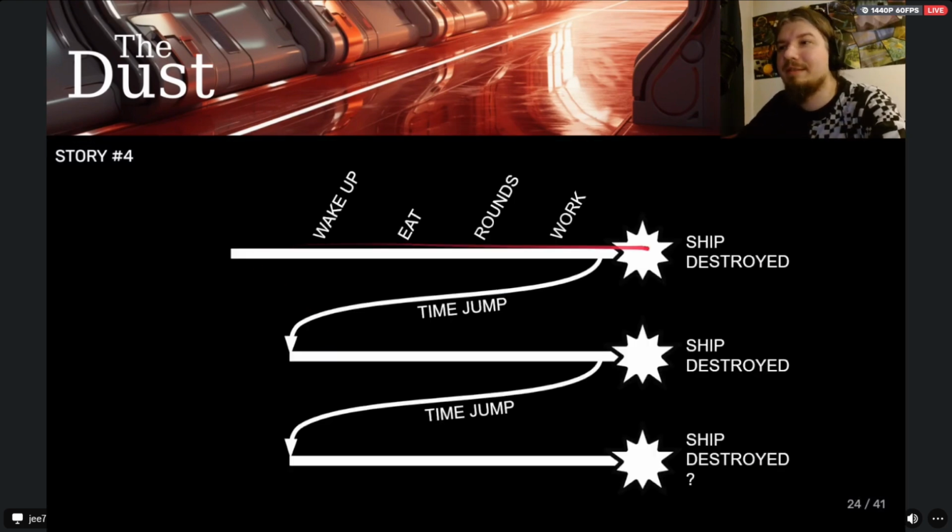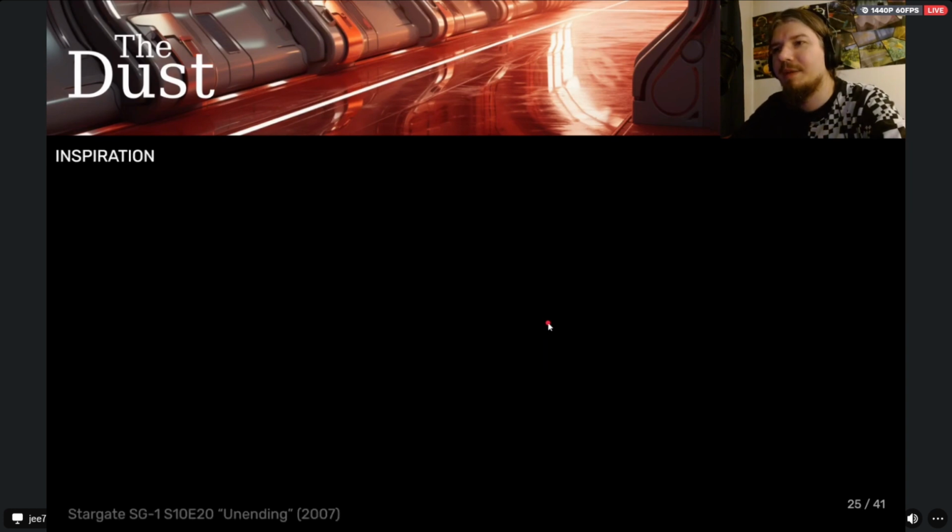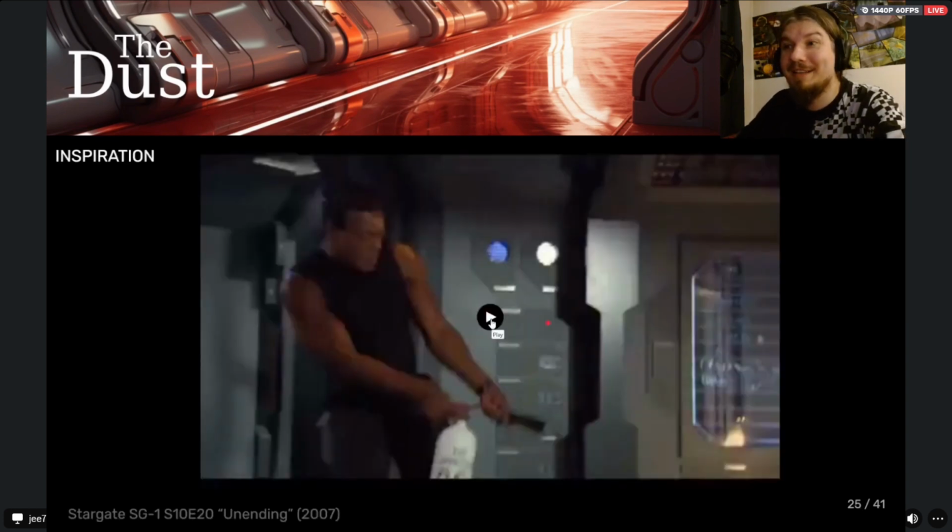It basically follows this structure: you wake up, you eat, you do your rounds, you work, and the ship is destroyed. So the surface of the sun idea was that you're on a spaceship and you fly into the sun, and then the ship explodes. And repetition is, well, there is this time jump mechanic where you go back a day before or a few hours, it's quite unspecified in the narrative, so that you can maybe try to avoid the ship being destroyed. The inspiration for this came from Stargate.